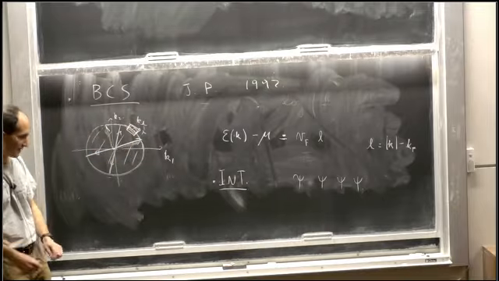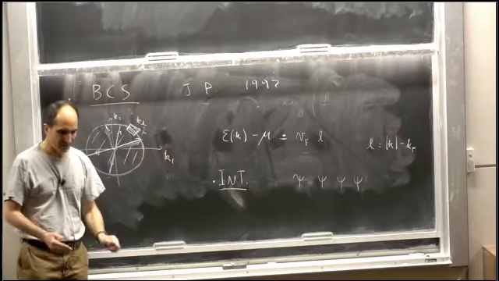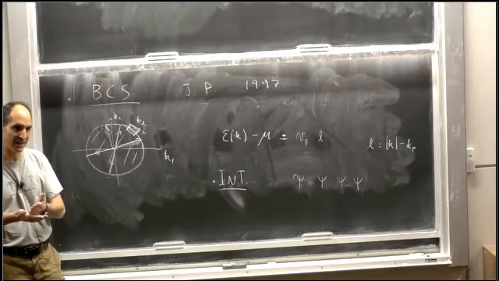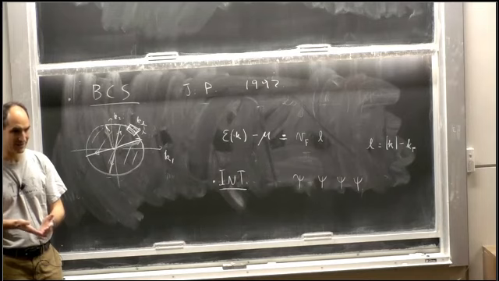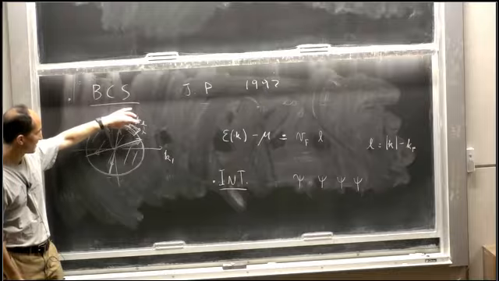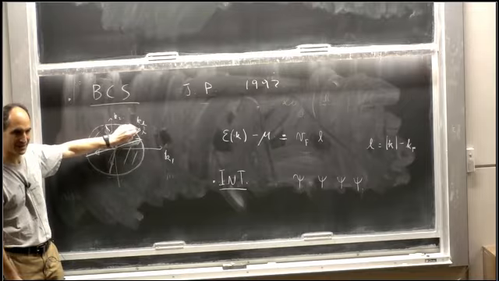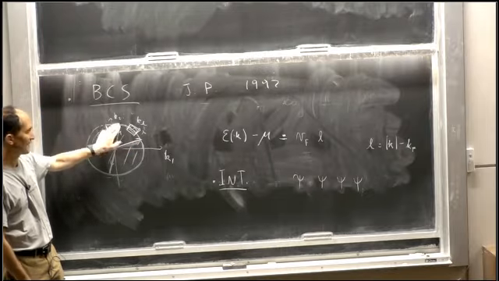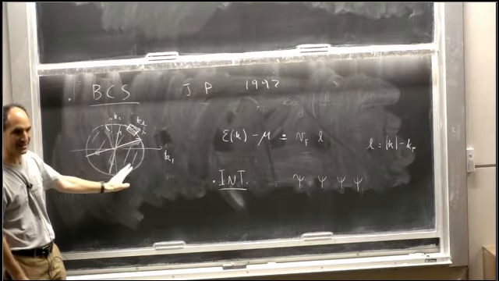In the same way that when we think about the Fermi theory for weak interactions, we pick a UV cutoff which is much smaller than the mass of the W. So here we're going to pick a cutoff for the low energy effective theory much smaller than the Fermi energy. And when we do that, there are many of these cells, and that's basically the large N.